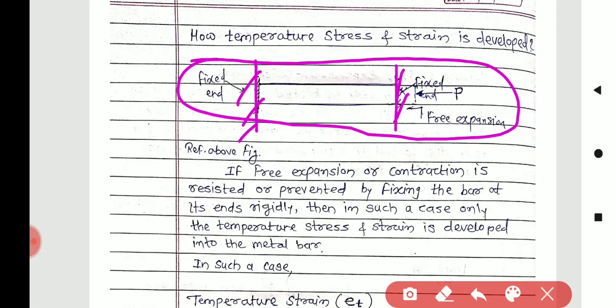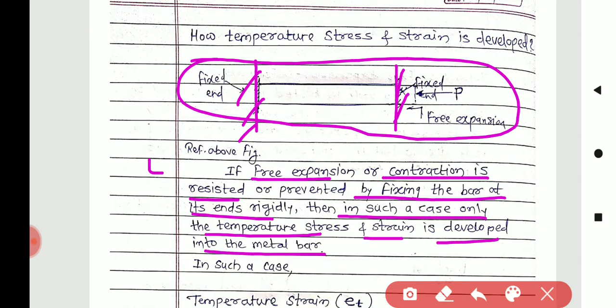Now here you can see, if a free expansion or contraction is resisted, when the particular body is fixed at each end, the expansion or contraction is prevented or resisted by fixing the bar at its ends rigidly. Then in such a case temperature stress and strain are developed in the metal bar.